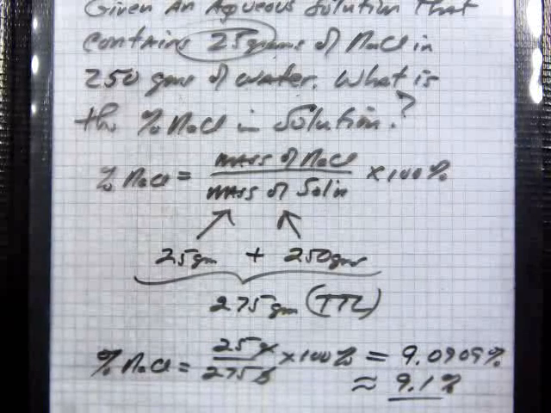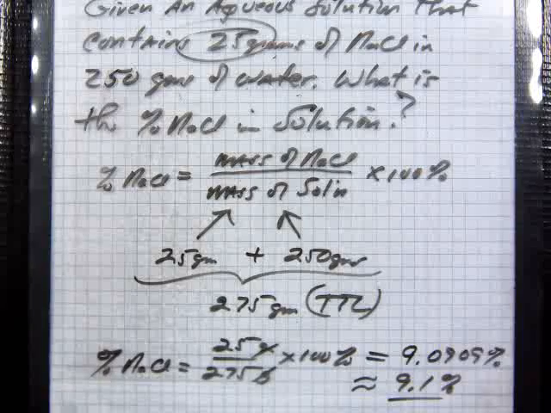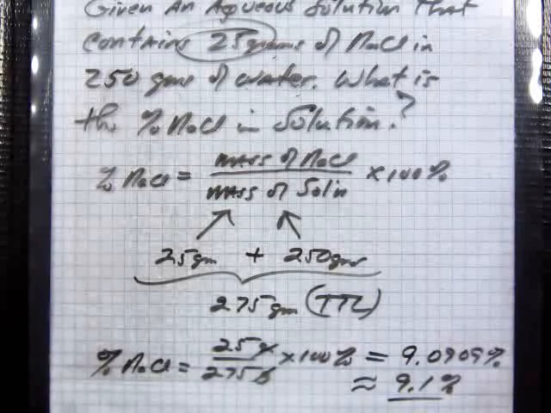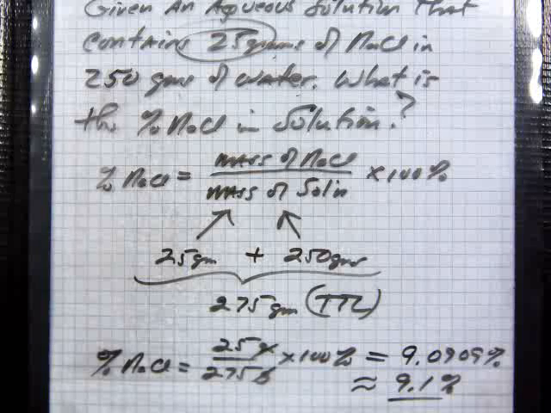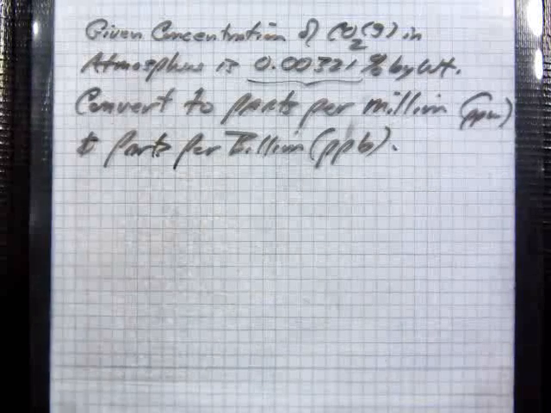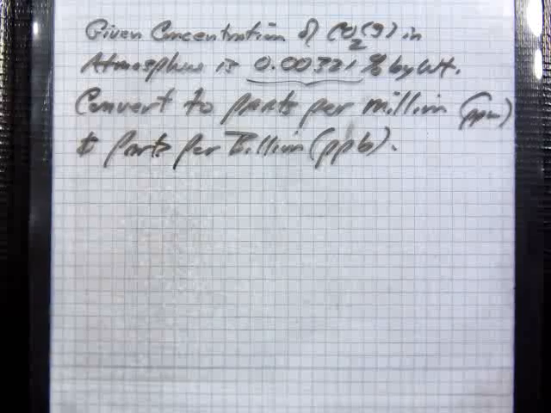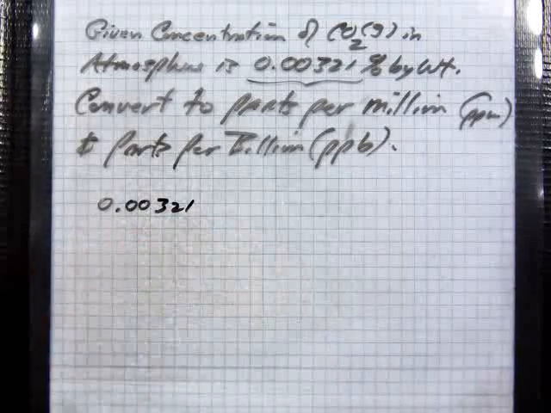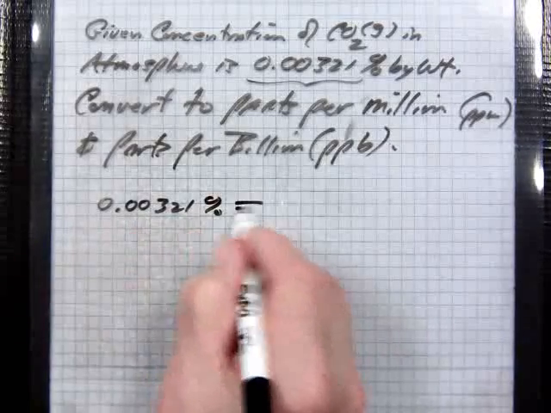Now, if we're working with parts per million and parts per billion, it's the same process, okay, and that you part over total, but you want to convert it into parts per million. When you see a number given in percent, 0.00321%, well, what does that mean?